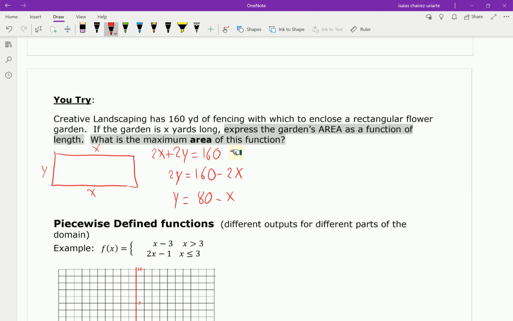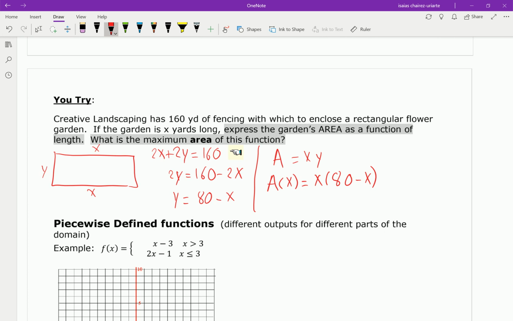So 80 minus x. Then the area is going to be x times y. But we want to leave the area just in terms of x. So it's going to be x times 80 minus x.